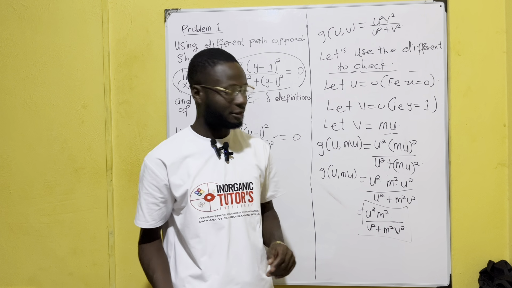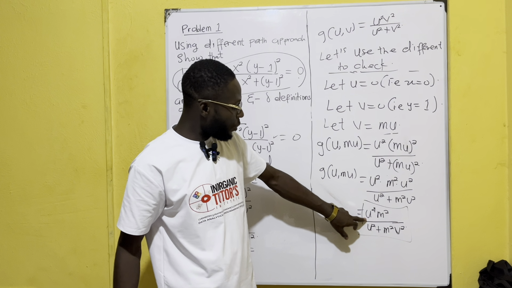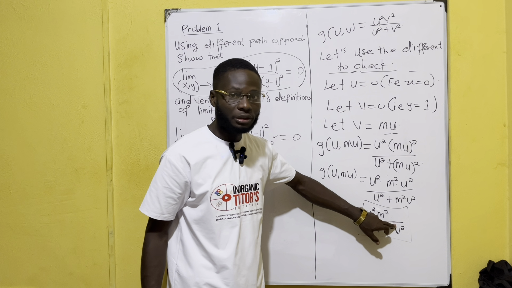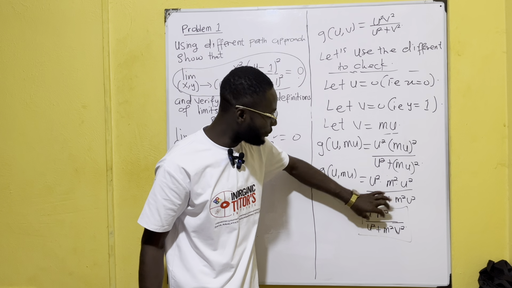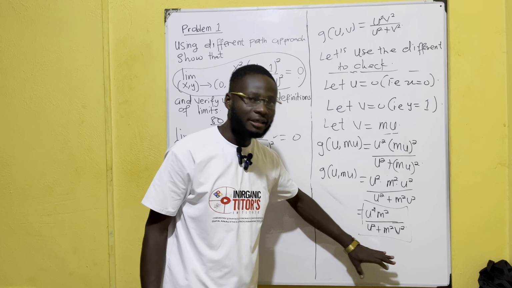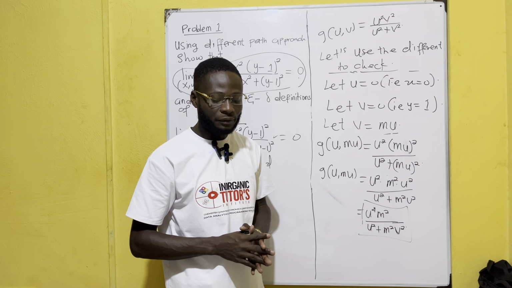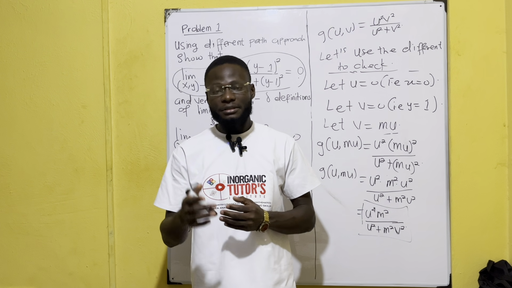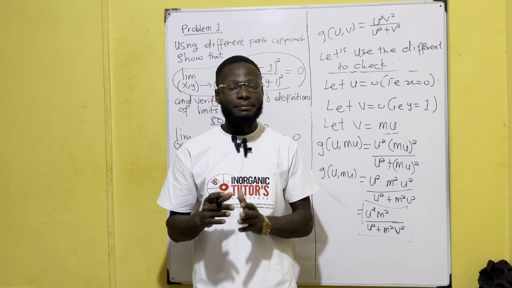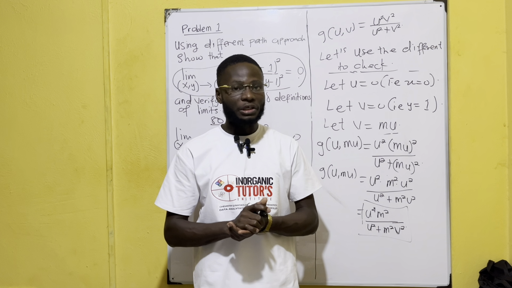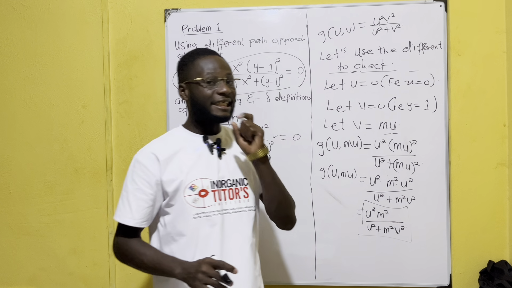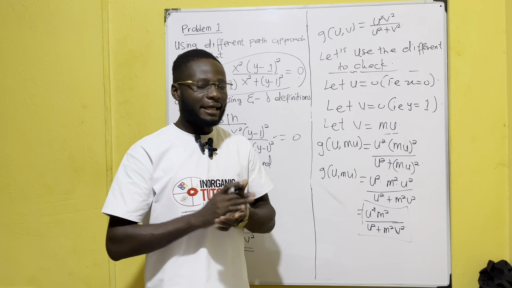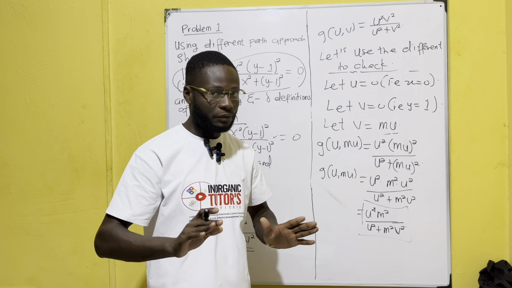I believe you are fine with that. If you have u equals 0, it means that the numerator will be automatically 0, and you know that 0 over anything is 0. So every tested part will produce the value 0. This is strongly suggesting that the limit is basically 0.